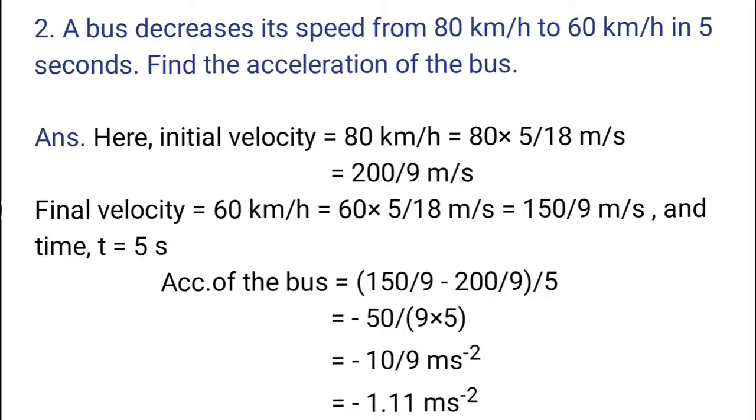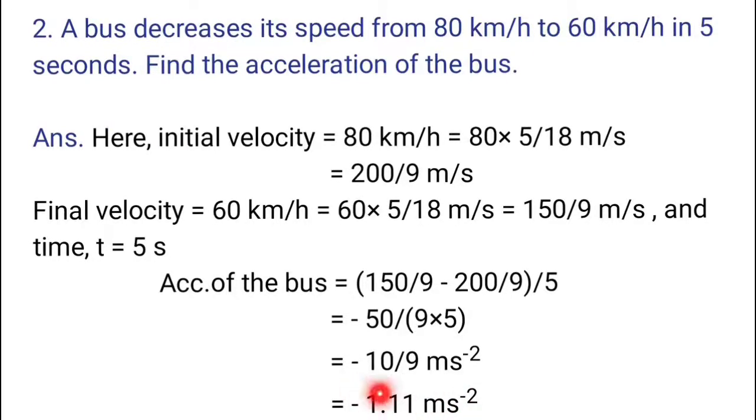So we get minus 50 divided by 9 into 5, which comes out to be minus 10 upon 9 meter per second square, which is again equal to minus 1.11 meter per second square. Here the negative sign represents that the acceleration is negative. Sometimes negative acceleration is also known as retardation.